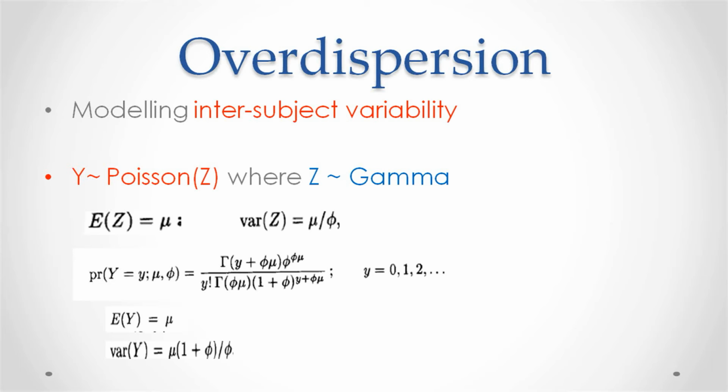Now there are some alternative formulations of the gamma distribution, and if we assume this formulation, that probability of Y equal to y given two parameters mu and phi is of the form as given in this slide, it is possible to rewrite the mean and the variance as expectation of Y equal to mu and variance of Y equal to mu into 1 plus phi by phi, where we see that the multiplication factor exceeds 1, and hence we again have a situation of overdispersion.